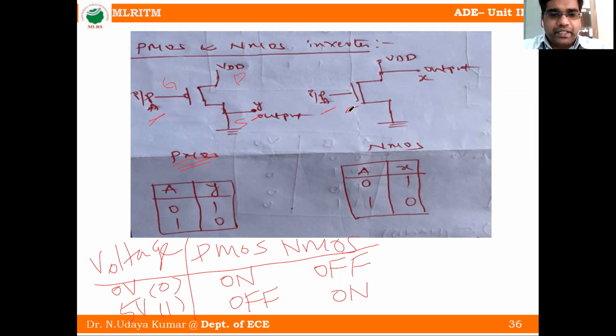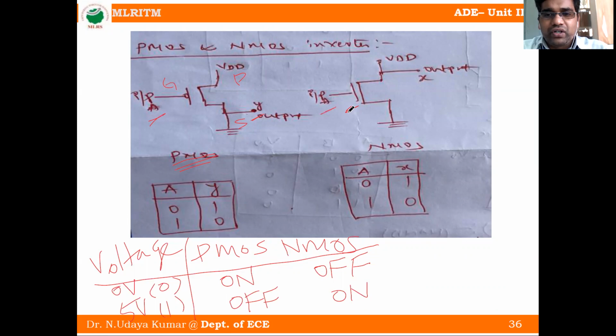I repeat. The PMOS transistor, the first transistor, is on whenever zero voltage or logic 0 is given. If it is logic 1, it is off, that is, an open circuit. Similarly, when 5 volts is given to the NMOS transistor, the second transistor, it is on.